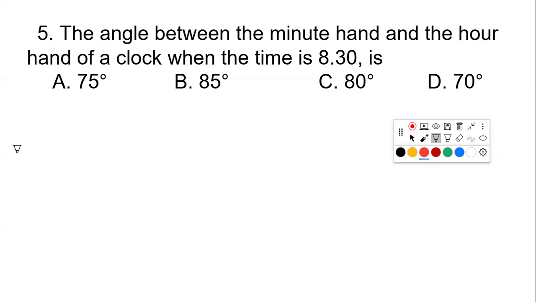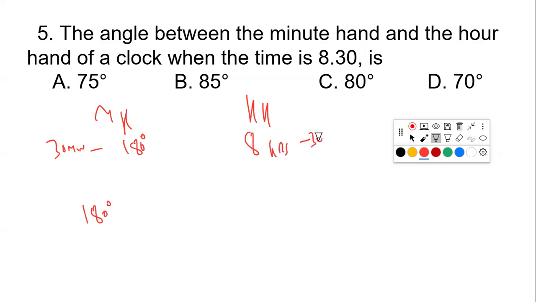So minute hand, hour hand, I know. 60 minutes is 360 degrees. 30 minutes, how many degrees? 180 degrees. Right? Half of 360. And for 8 hours and 30 minutes, you multiply 30 by half and 8 by 30.